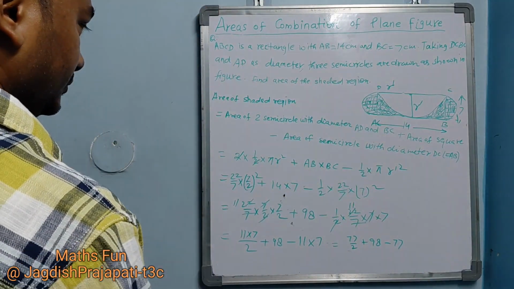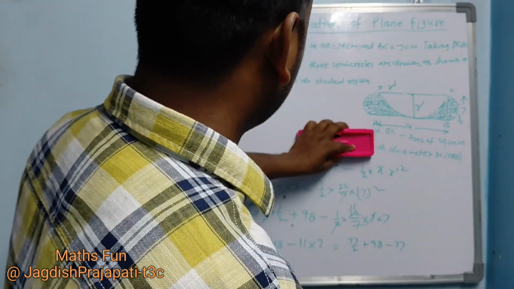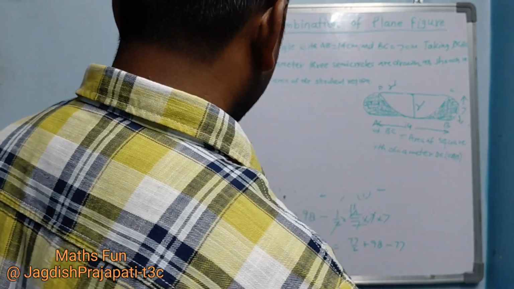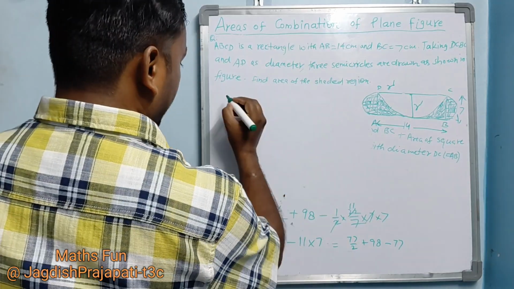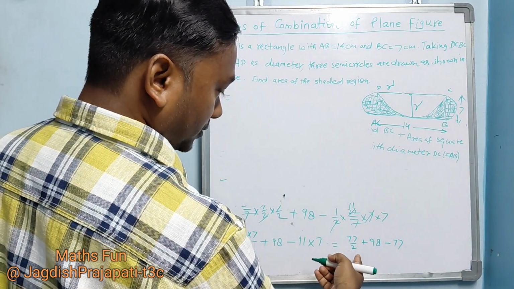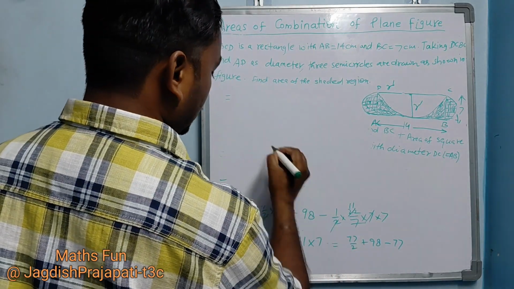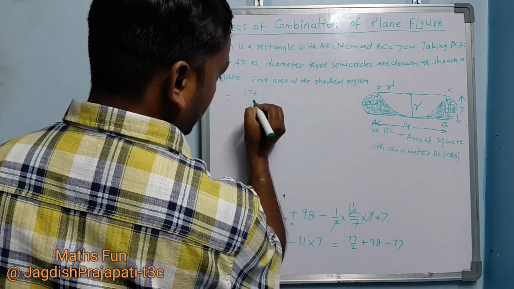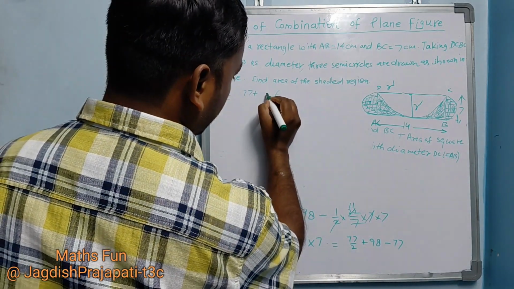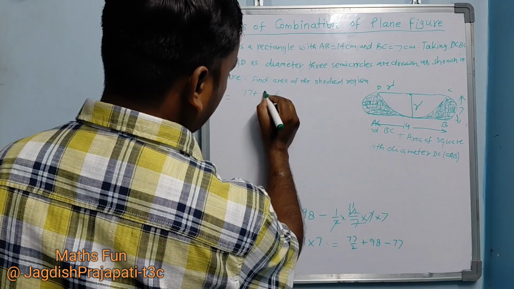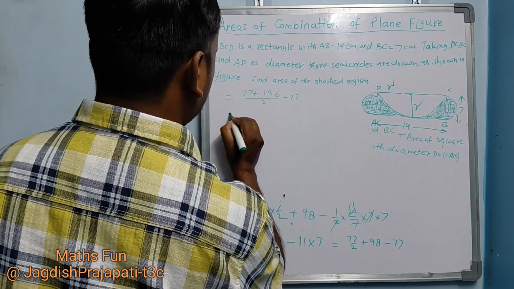I need some space, so I am erasing here. Now solve these two with plus sign. So this will be 77 plus 2 8s are 16, 2 9s are 18 and 1, 19, minus 77.